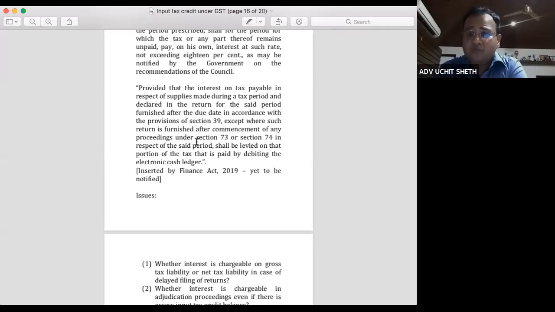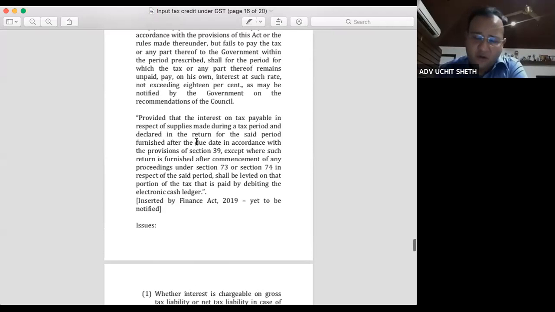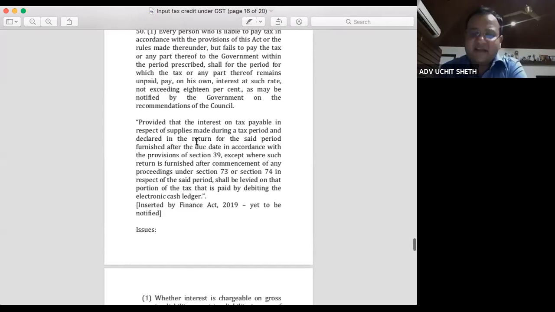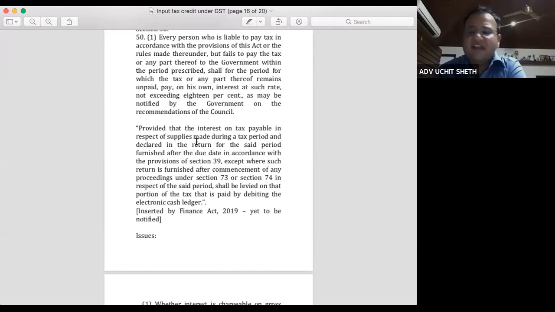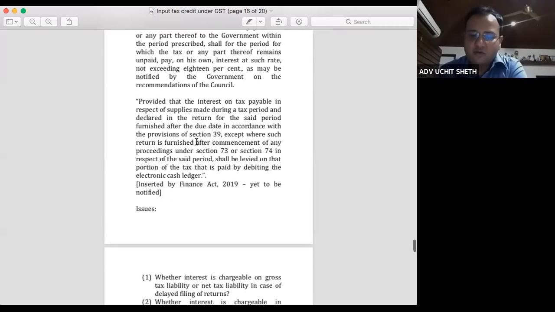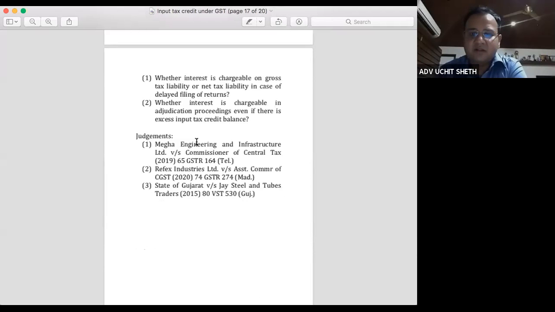But according to me, even if that amendment is not made, if you look at the provision, interest is leviable only on failure of payment of tax due. So according to me, even on first principle, the Madras High Court seems to be correct and the Telangana High Court seems to be erroneous. If I had input tax credit balance, then I cannot be asked to pay interest on the portion of input tax credit.